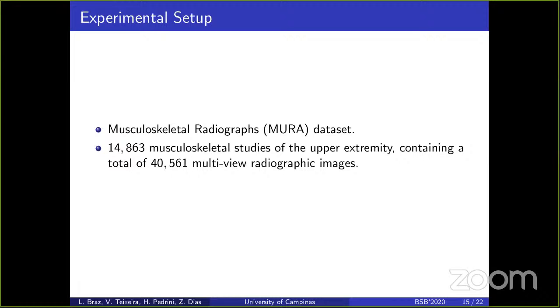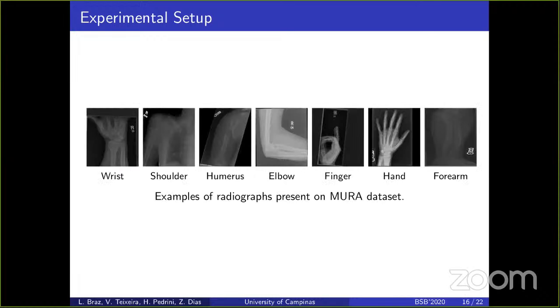The dataset we conducted our experiments on is the musculoskeletal radiographs MURA dataset, which is a large dataset of bone X-rays. The MURA dataset consists of musculoskeletal studies of the upper extremity of the body, and each study contains multi-view radiography images. Here are some examples of the seven standard upper extremities present in MURA.